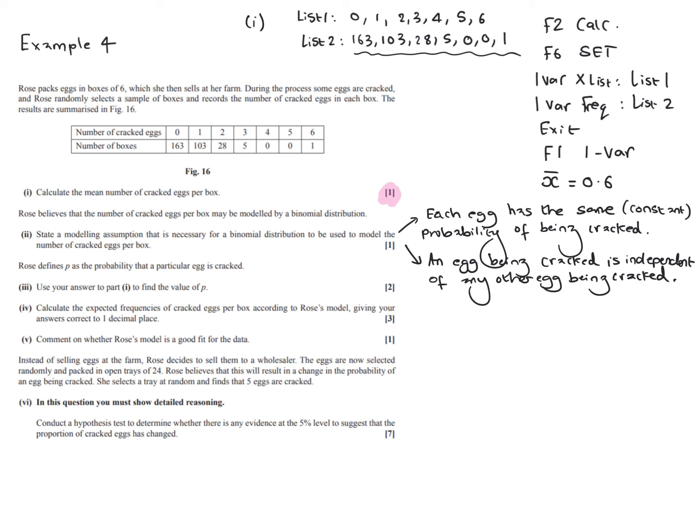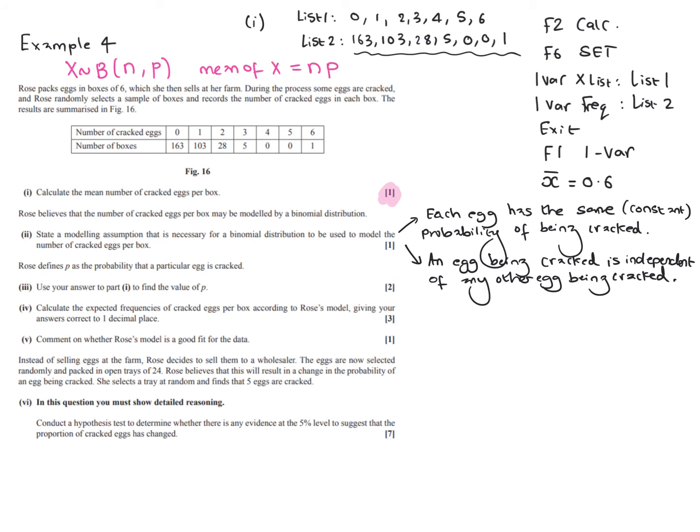So, p is the probability that a particular egg is cracked, and we've got to use our answer to part 1 to find the value of p. Now, this relies on us knowing the mean of a binomial distribution, and we should know this. If x is binomially distributed with parameters n and p, the mean value for x is equal to n multiplied by p.